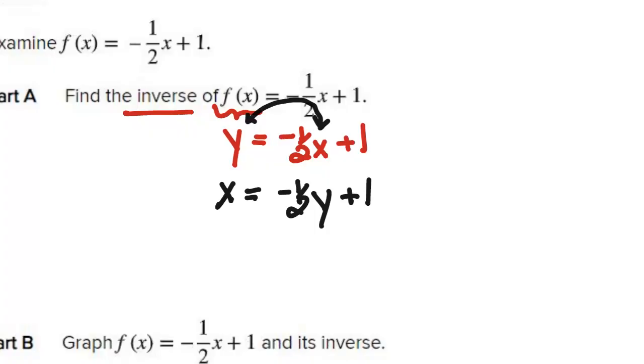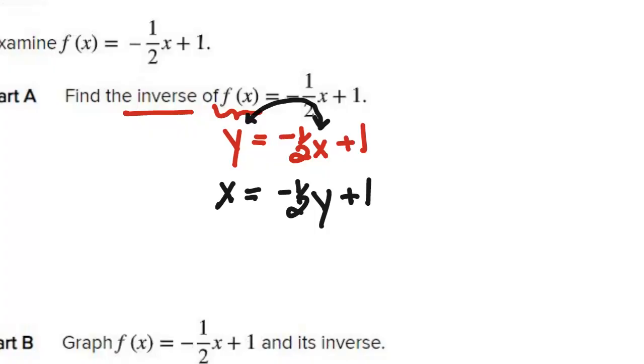Now, you need to try to solve for y. Try to get y by itself. Time is 1:20.